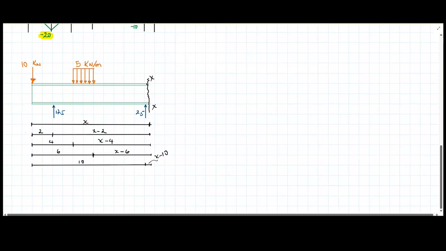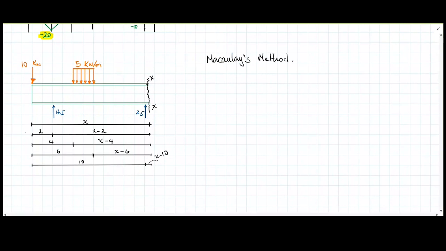Okay. But now, what happens here? So let me put the Macaulay's. We said that Macaulay's method, briefly, is based on functions that start working at some point.